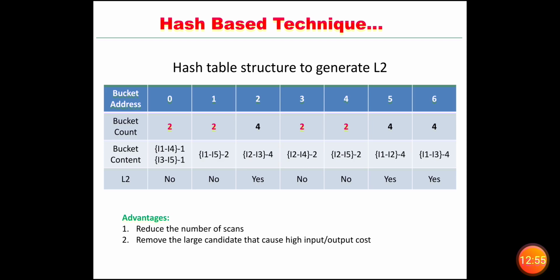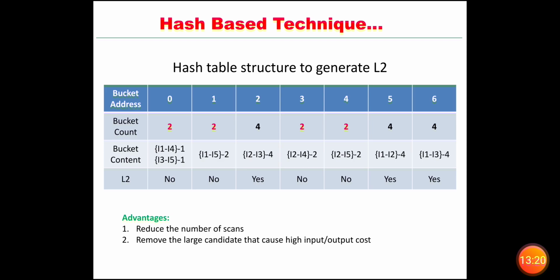So straight away we will take it from here. In bucket 0 we have 2 item sets. One is I1, I4, count 1. The other is I3, I5, count 1. The sum of the counts is 2, which is placed in the bucket count.